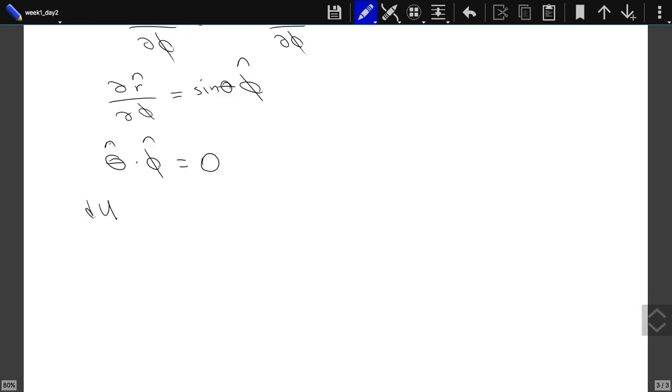We know that du is equal to gradient of u dot dl. Well, du will be the difference of u at 2 points. One point will have coordinates r, theta, and phi.